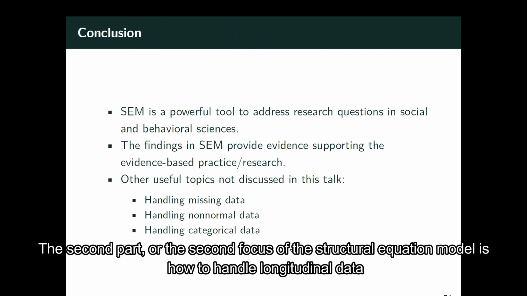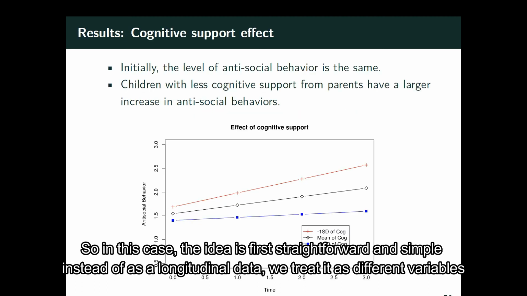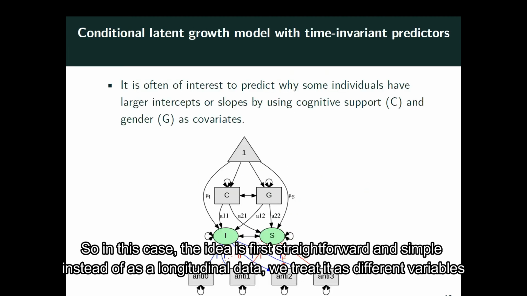The second focus of the structural equation model is how to handle longitudinal data. In this case, the idea is very straightforward and simple. Instead of treating it as longitudinal data, we treat it as different variables.